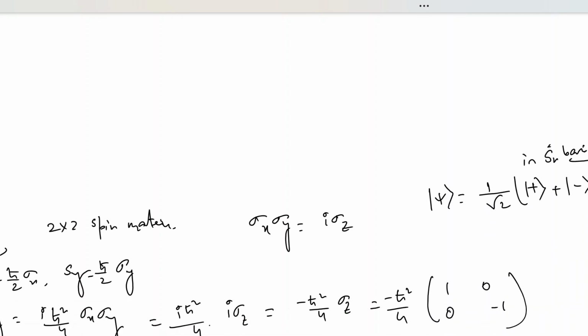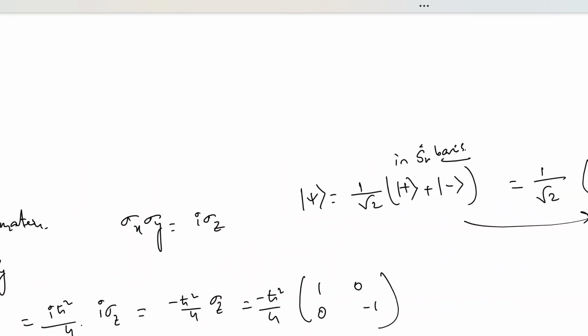So once you take the expectation value of i Sx Sy, this is psi i Sx Sy psi, which is basically 1 by root 2 whole squared, then 1 1, then minus ħ squared by 4 times 1 0 0 minus 1, and then 1 and 1.